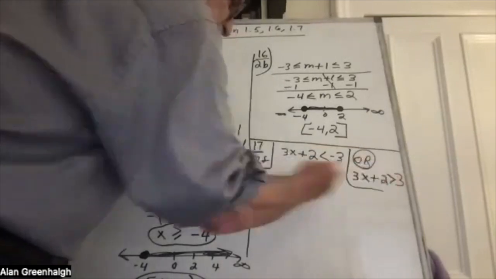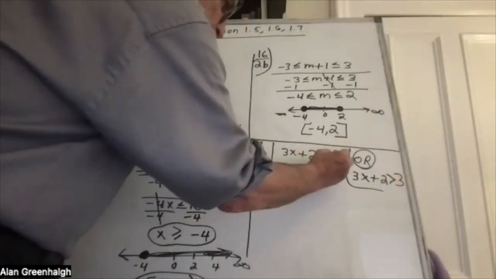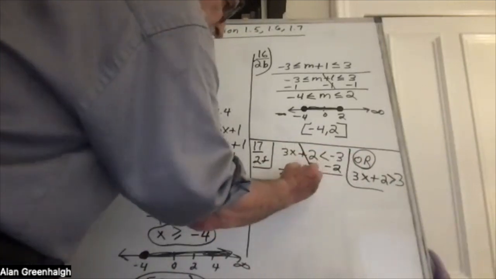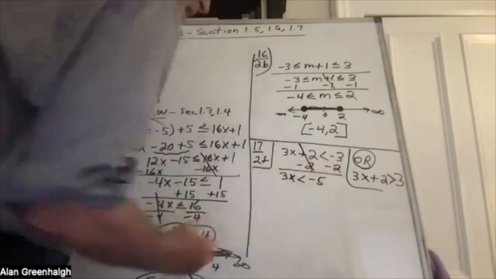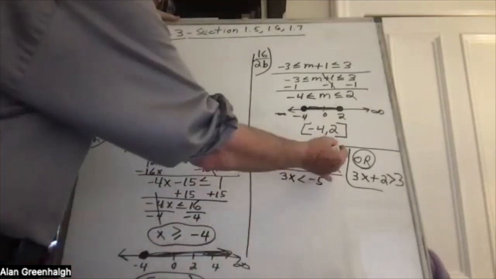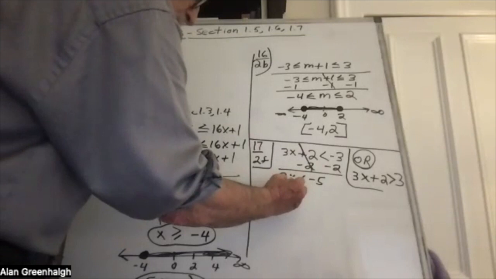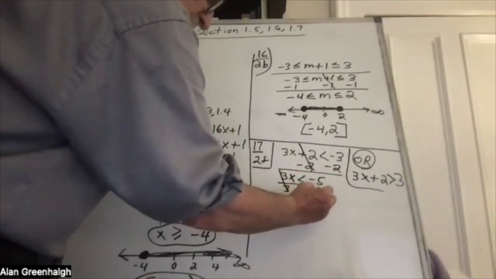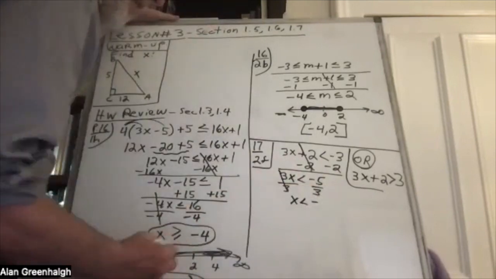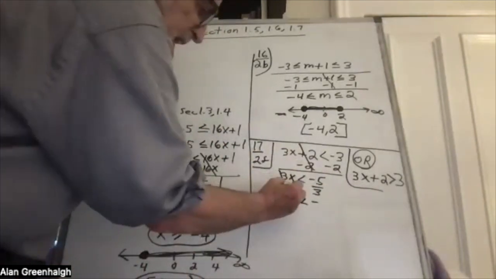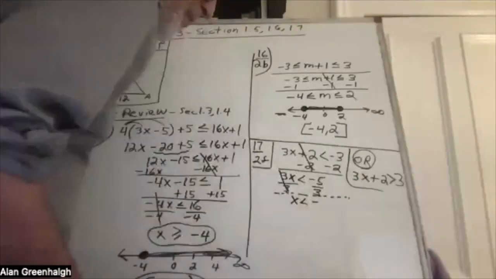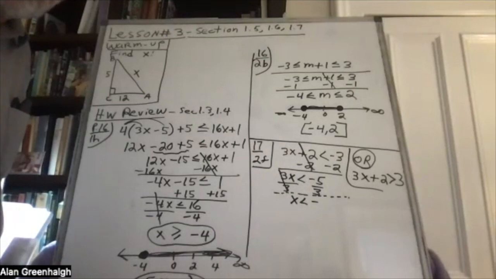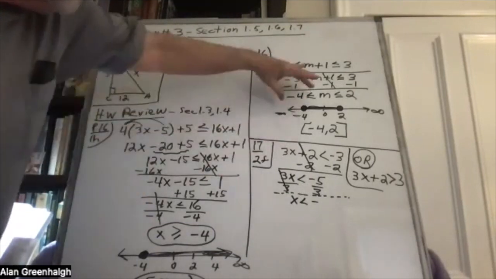So let's treat them as two separate problems. -2, -2, 3x is less than -5. Now I've got to make sure I got that right because it doesn't look quite right. x is less than -5/3. Now, students always say, should I change improper fractions to mixed numbers? In this case, I would, because we're going to be putting it on a number line.